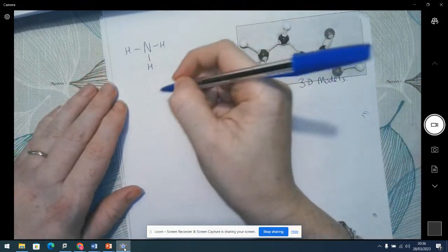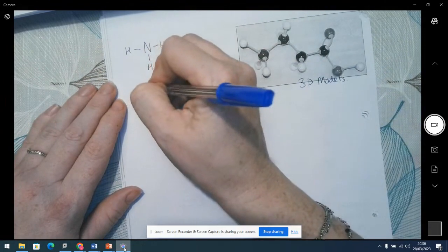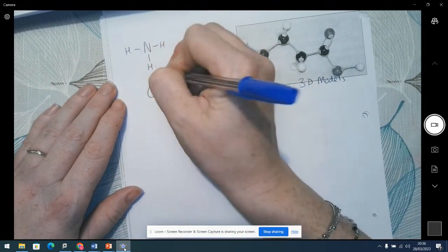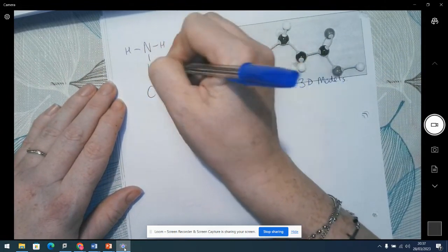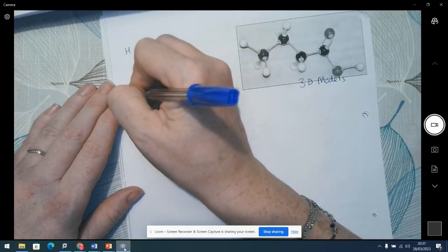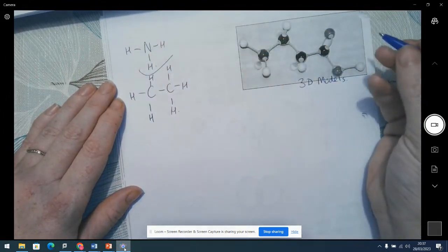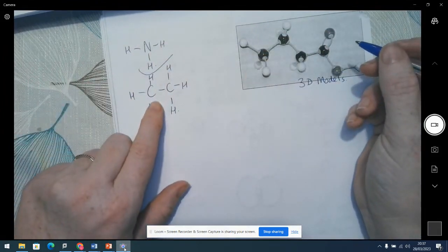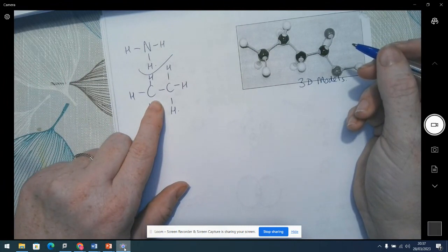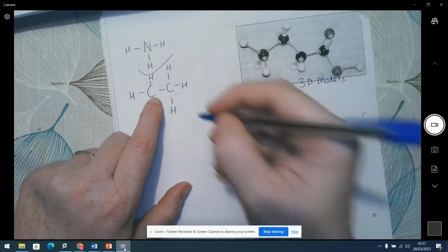So I'll give you a couple of examples just to make sure you're clear on how to do that. If I gave you a structural diagram that looks like this, what would be its formula? Okay, so pause the video, give it a go, and let's see if you're able to do it. All right, so we've got obviously 2 carbons there.